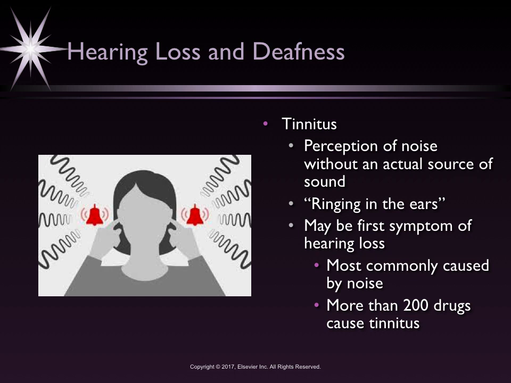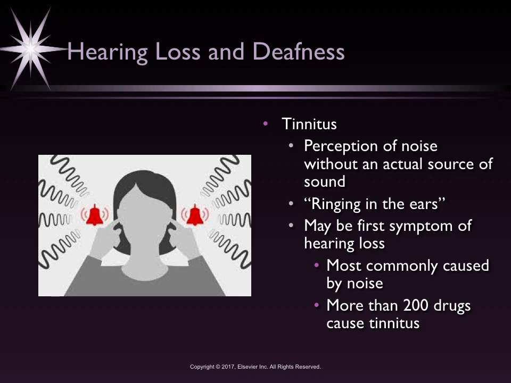Both are caused by inner ear nerve damage, and the main difference between tinnitus and hearing loss is the extent of the damage, because in tinnitus, sound can still be heard. Although it's the most common cause of tinnitus, it can also be a side effect of medications.